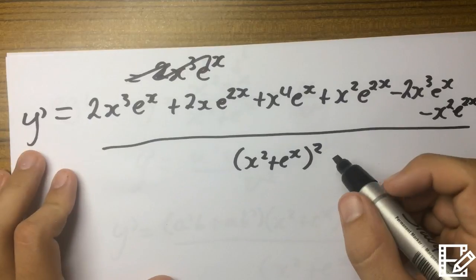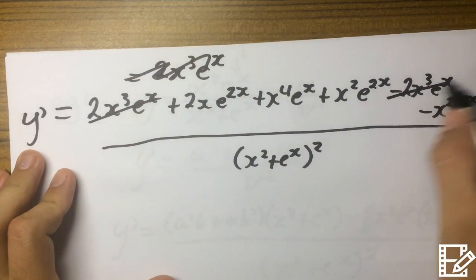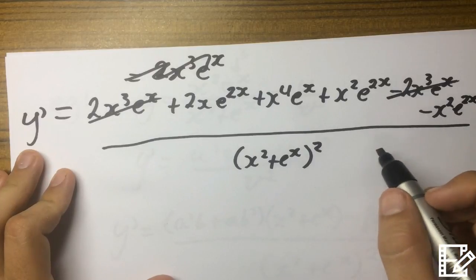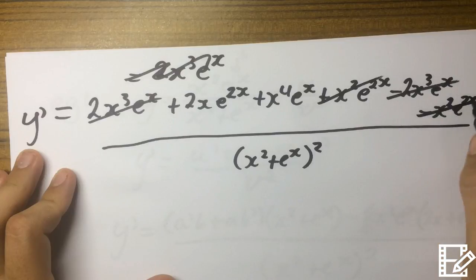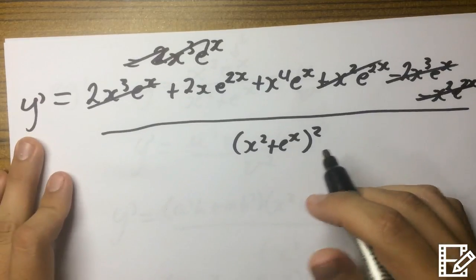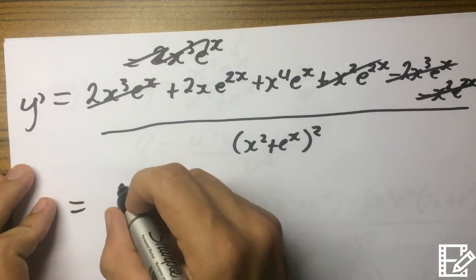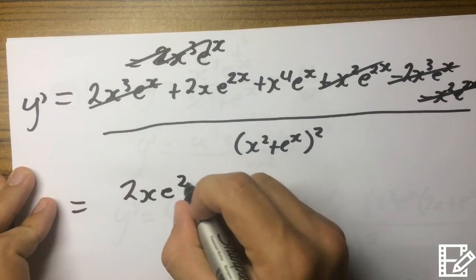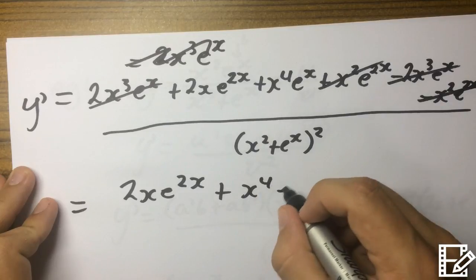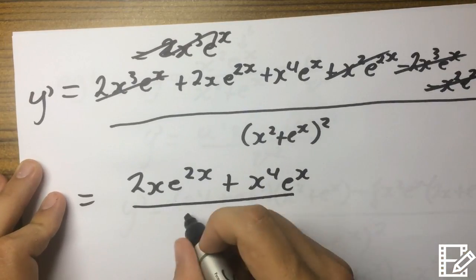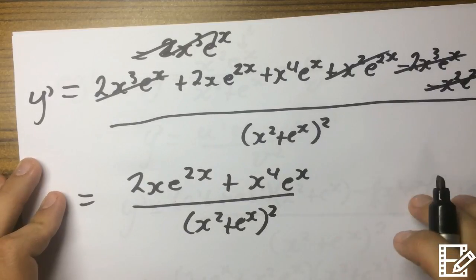Okay, what can we cancel out? Well, we can cancel out this, cancel out that, and we can cancel out this, and what we're left with is this. We can't cancel any of that out. So it's 2x e to the 2x plus x to the power of 4 e to the x, all over x squared plus e to the x, squared.